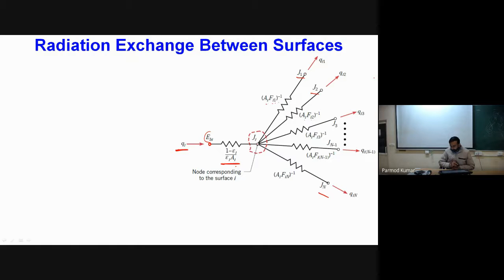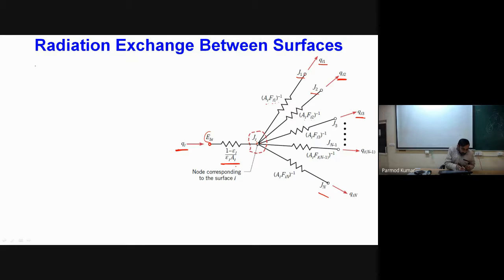So you can say that Ji to J1 represents the heat transfer between face i and face 1, so Qi1. The second represents Ji to J2, the heat transfer from face i to face 2. Similarly, face i to face 3.